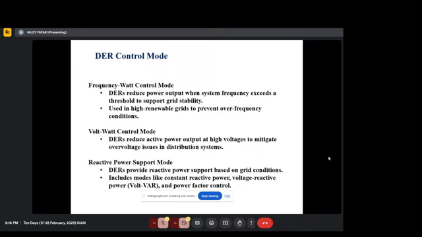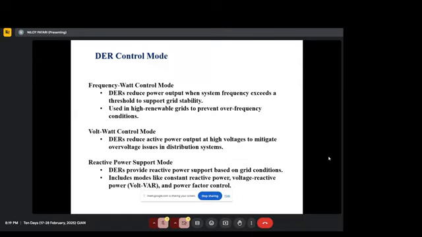Because this kind of disturbance can be taken care of by the inertia of the system, which is stored in the rotational energy of synchronous generators, right? These disturbances won't matter much because the inertia of the system is huge. Now, if the inertia of the system is not huge, or if you are not able to control power flow depending on frequency, then you have problems, right? So this is what dynamics really mean.